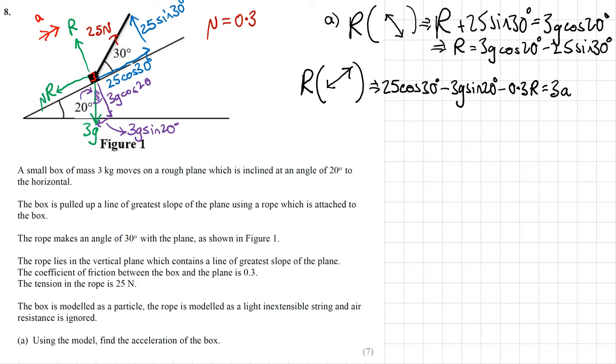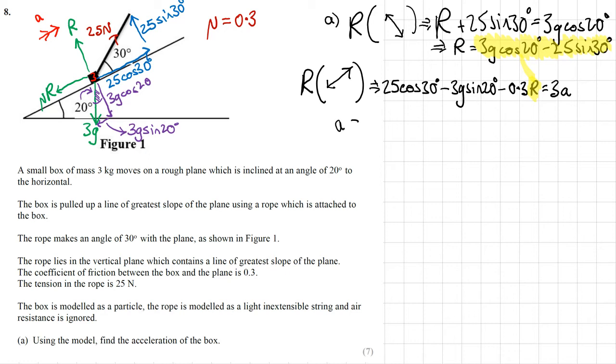Now you can see that we can take our value of R here, and that can be substituted straight into this equation here. So let me write out what that equation is going to be, and then I can solve it all in one go on my calculator.